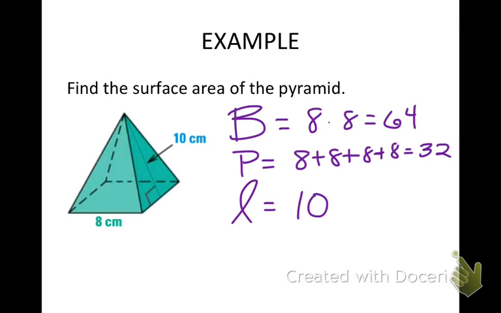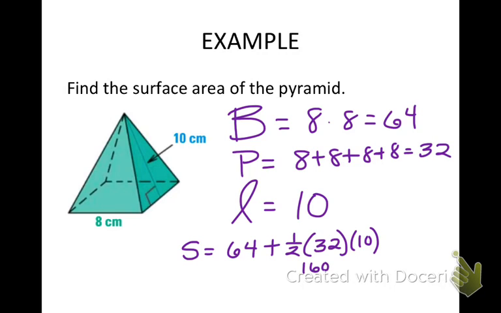So we plug it into your formula. So surface area is equal to one of our b's, because we only have one base, plus 1/2 my perimeter, which is 32, times 10. So let's do this math. Half of 32 is 16 times 10. It's 160 plus 64.